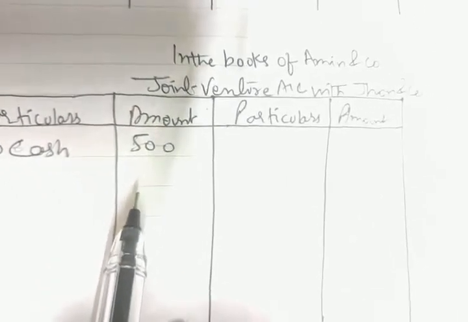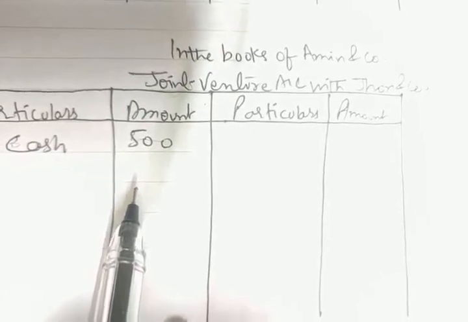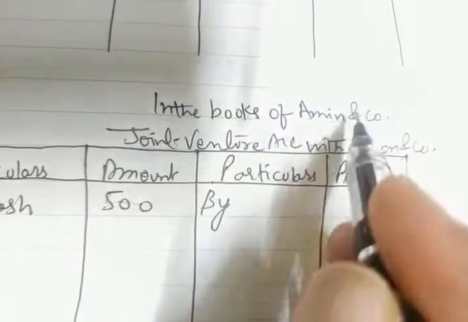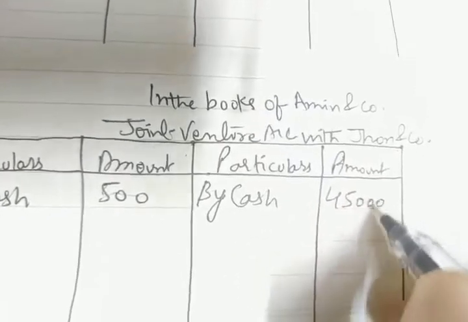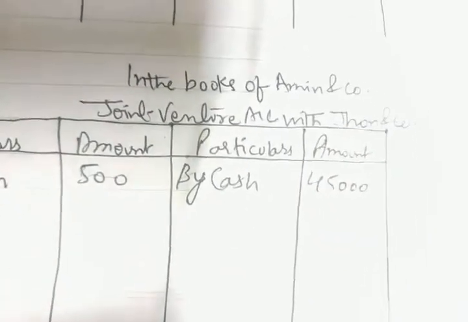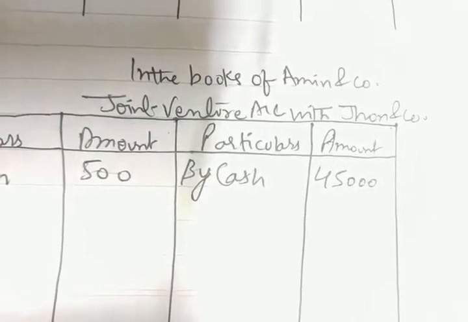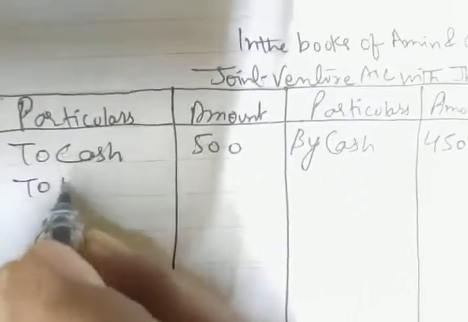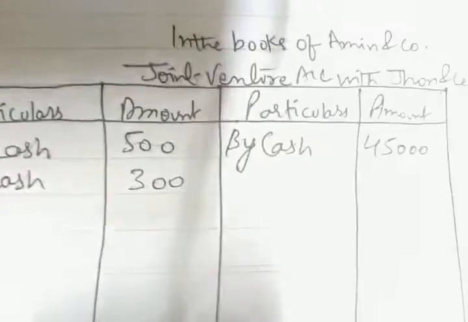Further information: Amin and company sold the whole of the goods for rupees 45,000. Who is selling? Amin and company only, and we are making this account in the Amin and company books only. So again the entry by cash, worth rupees 45,000 for the sale. Then their expenses in connection with the sales being rupees 300, which is one more expense borne by Amin and company, sales expense worth rupees 300.